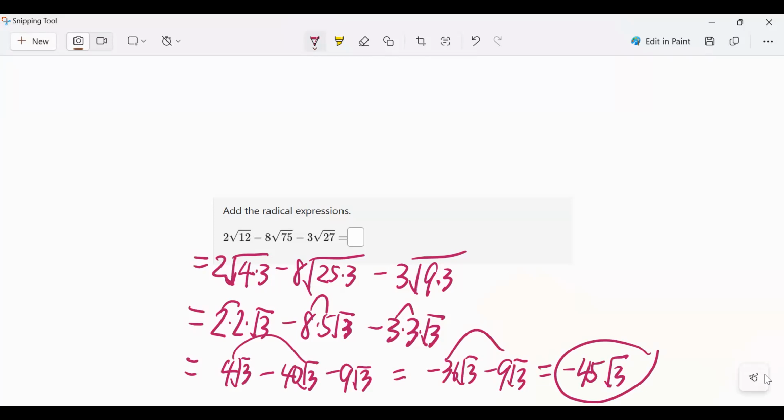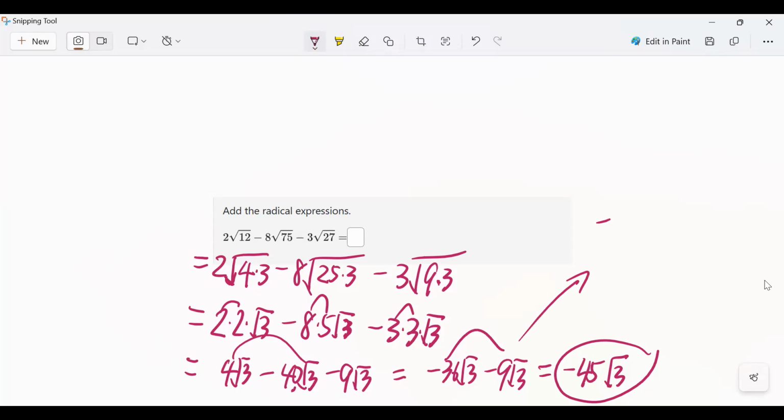Any question about this? Where did you get the 5? Like, when you do the second row, when you do negative 8 times 5, where did you get that? 8 times 5 is 40. Yeah, but how did you get the negative 8 times 5, because the term starts with negative 8 times the square root of 25 times 3?